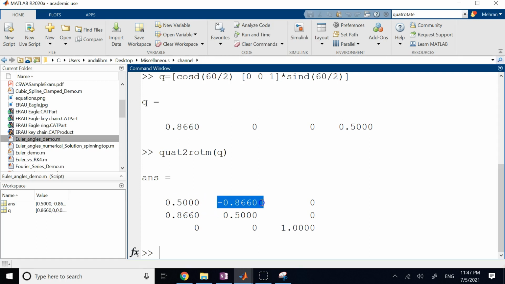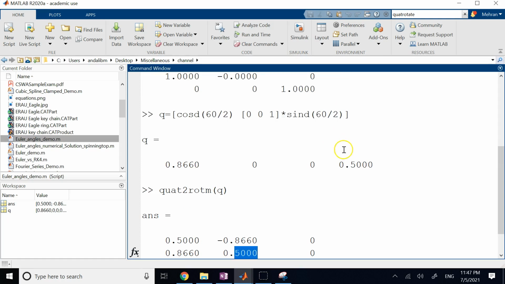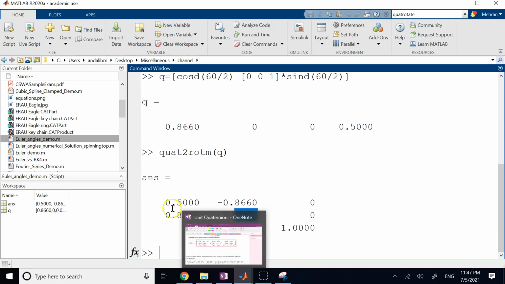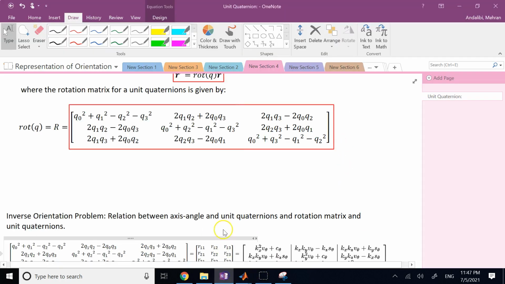This is negative sine of 60 degrees, and sine of 60 degrees is square root 3 over 2, which is 0.866. Then sine of 60, and then cosine of 60. So you see it is perfectly working, and these are exactly coming from these numbers. They're not such a big deal.